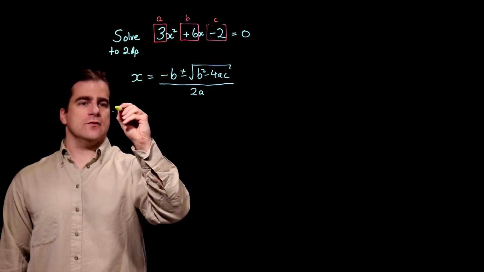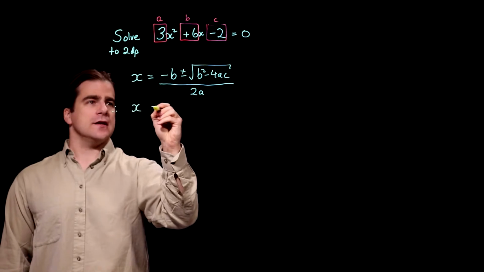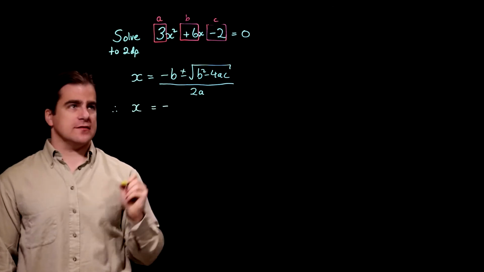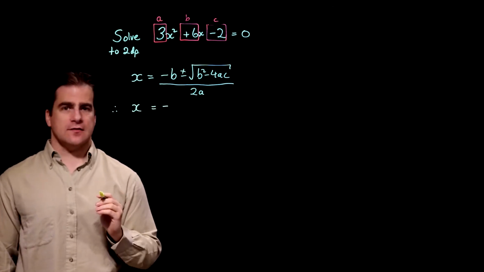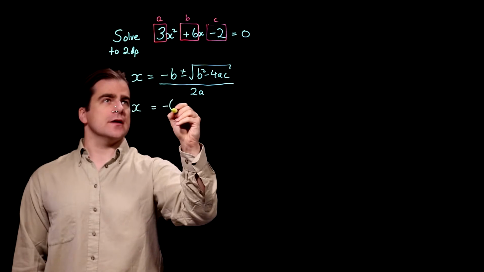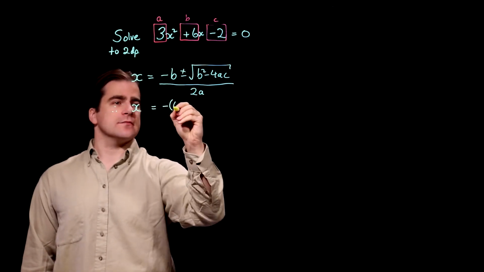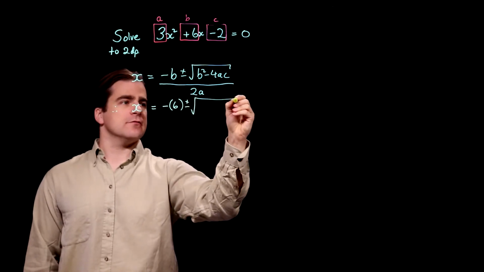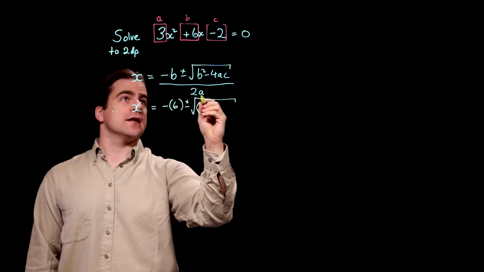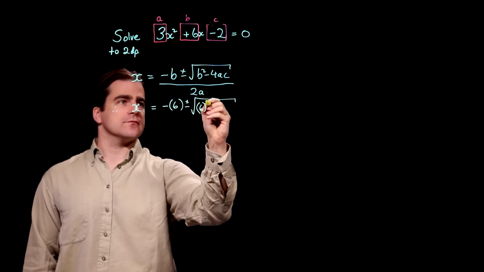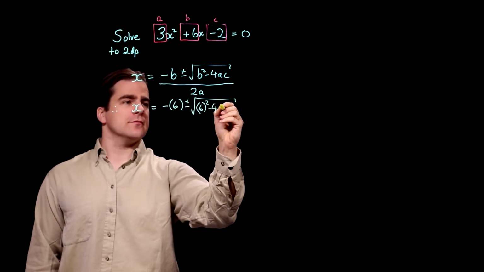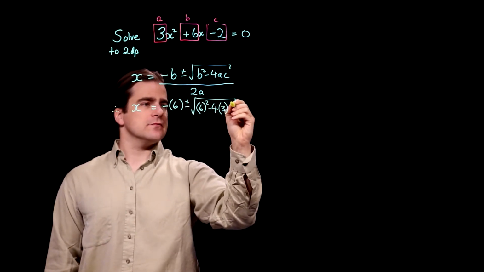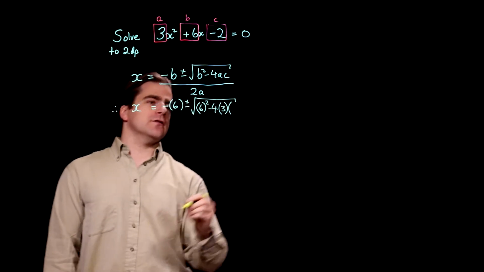So, therefore, x equals minus b. Always use brackets when subbing in. You're much less likely to make a mistake that way. So, minus b is minus 6, plus or minus the square root of b squared, 6 squared, minus 4, a is 3, using brackets again, and c is minus 2.